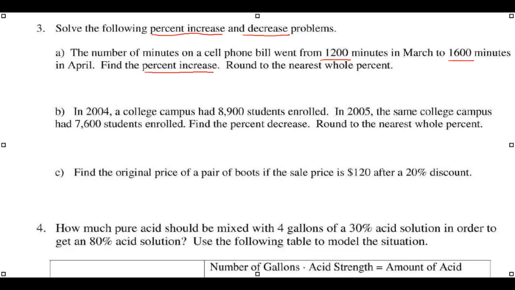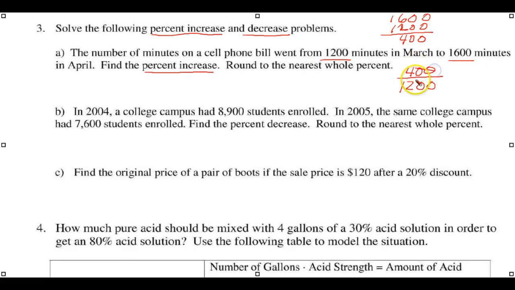So what you do, you now have the amount of increase. Now the recipe is always this: put the amount of increase, or decrease, it works the same way, over the original amount. And that will be your percent of increase here.